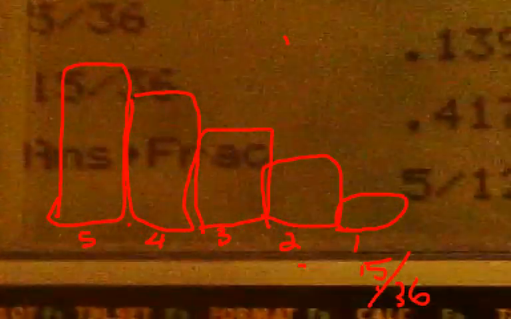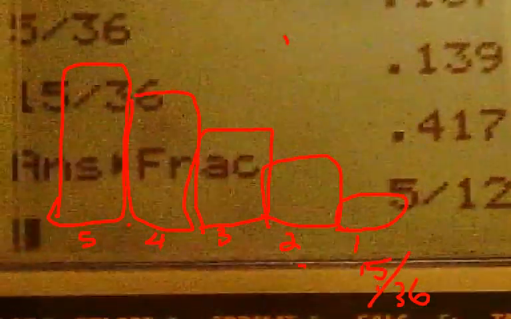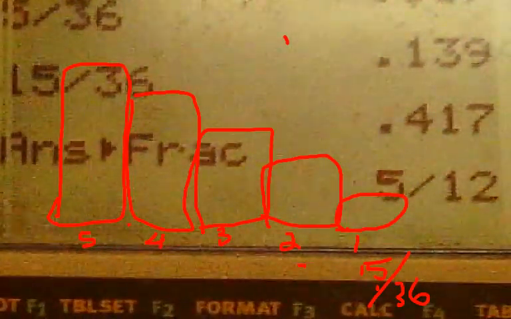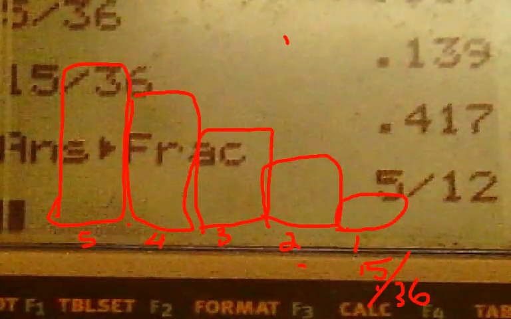So that's 5 chances out of 12. 15 chances out of 36 is, if we move this decimal, 41.7% of the time, or 5 chances out of 12, that you would get the red one being bigger than the blue one.